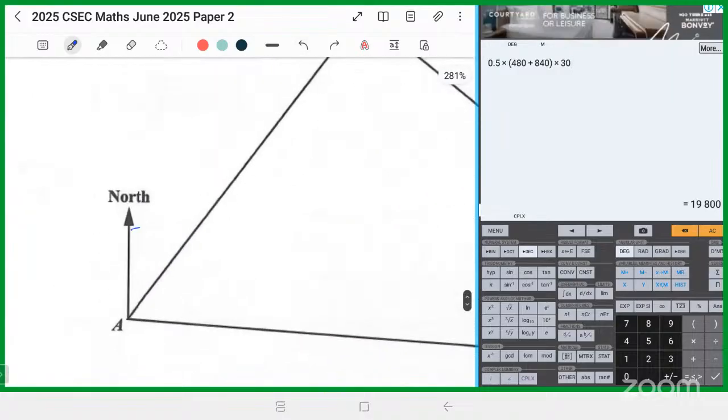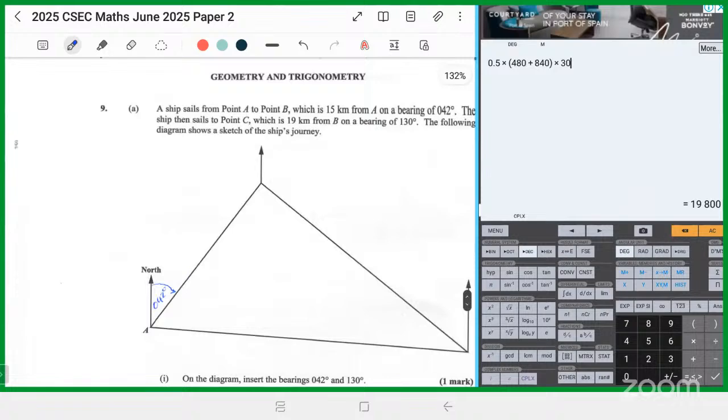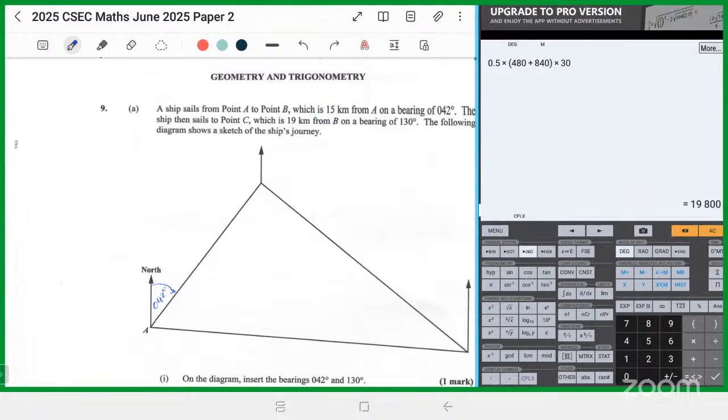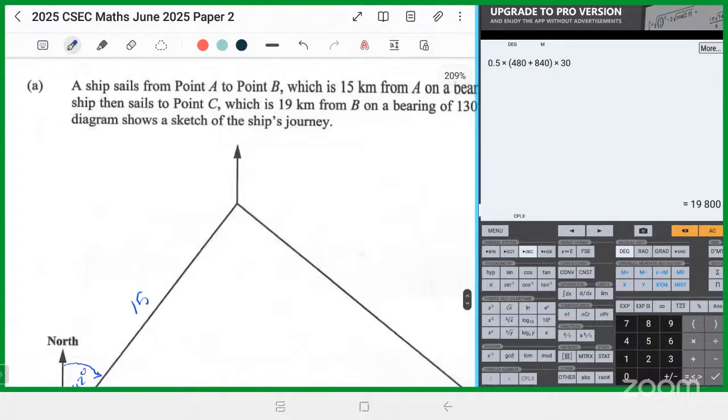So this is 042 degrees here, and they go 15 kilometers. They didn't show it, but right here is B.